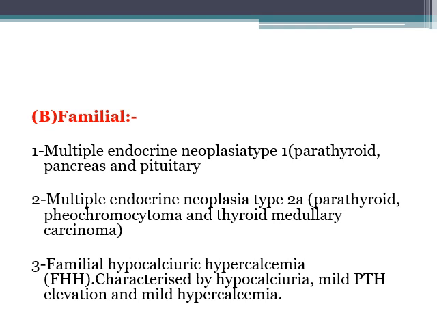Second, multiple endocrine neoplasia type 2A or MEN 2A, which includes hyperparathyroidism with pheochromocytoma and thyroid medullary carcinoma, or familial hypocalciuric hypercalcemia, which is a syndrome in which there is decreased calcium excretion by the kidney. So this causes increase in calcium level in blood. It is characterized by hypocalciuria, mild parathyroid elevation, and mild hypercalcemia.